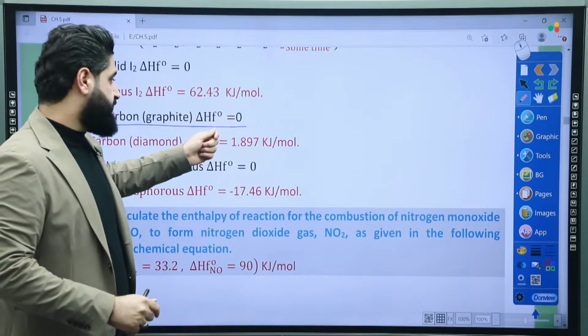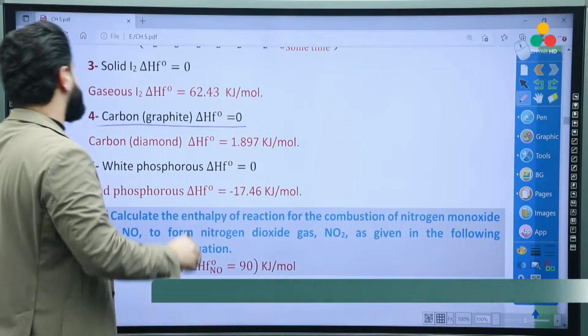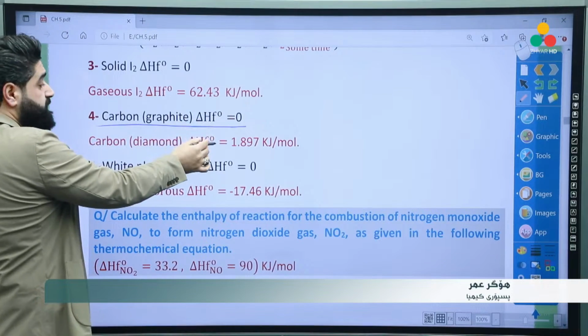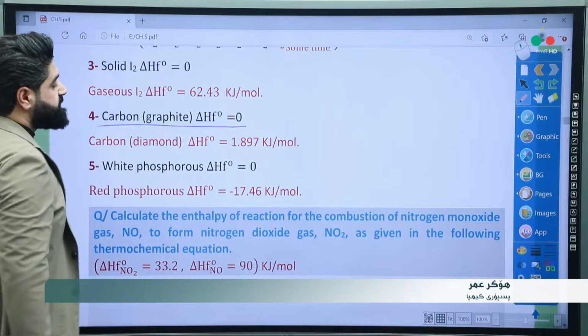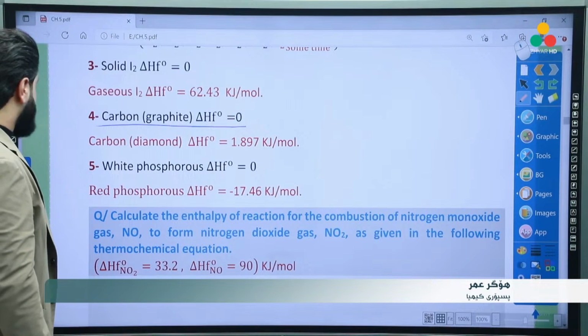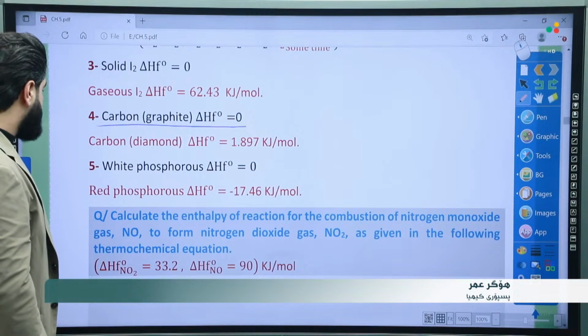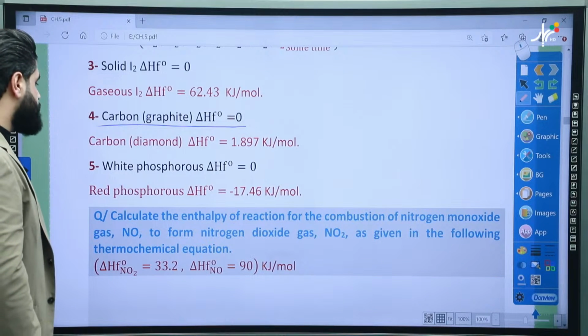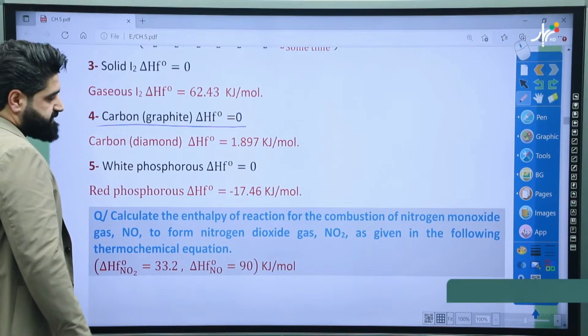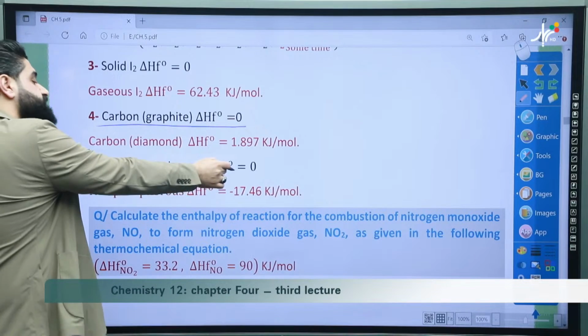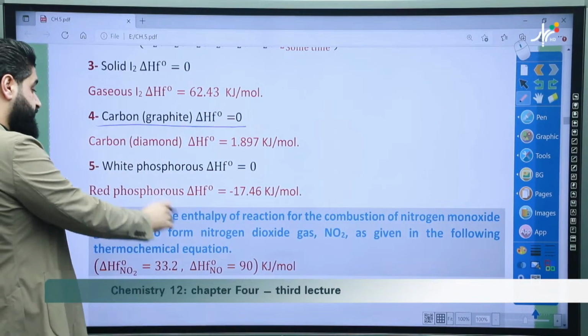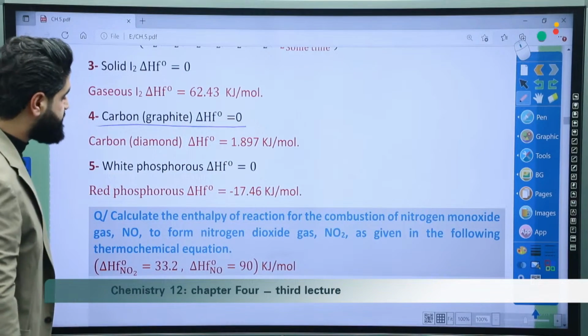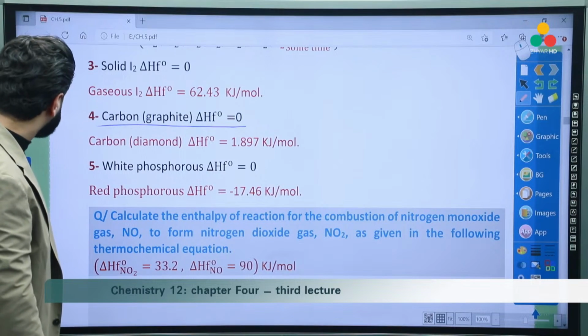This is just a trick you can use to memorize this. Graphite is 0, but for diamond, it's 1.897 kilojoule per mole. Phosphorus, we have two forms of phosphorus, white phosphorus and red phosphorus. For white phosphorus, it's 0, but for red phosphorus, it's negative 70.46.